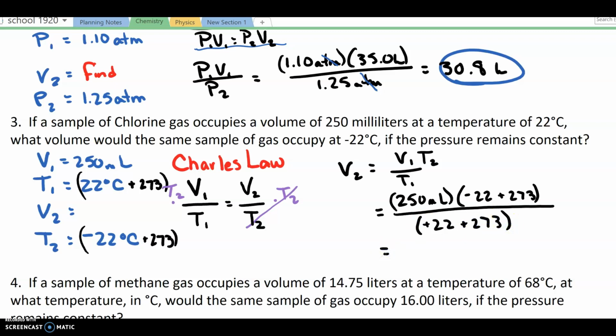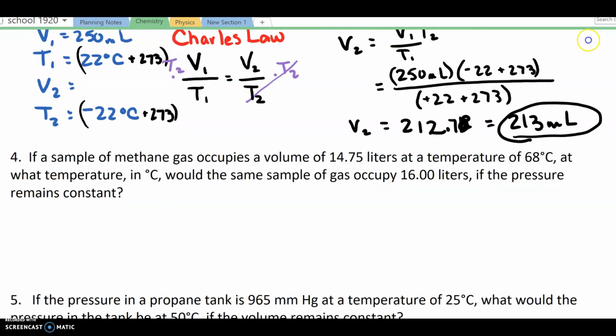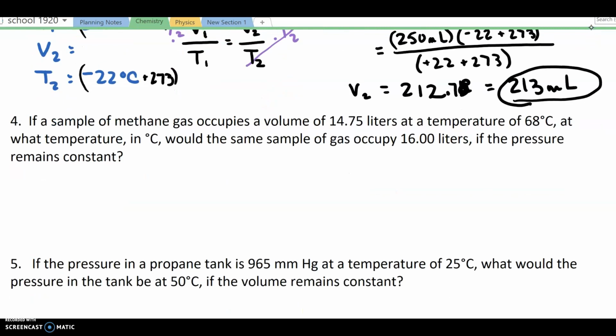And when I punch all that into my calculator, I got 212.7. Call it 213. Is that liters or milliliters? Those are milliliters, not liters. And that's how you would do number 3 as well as number 4.